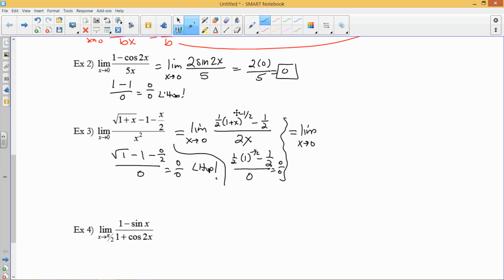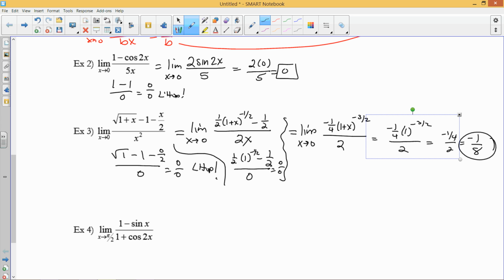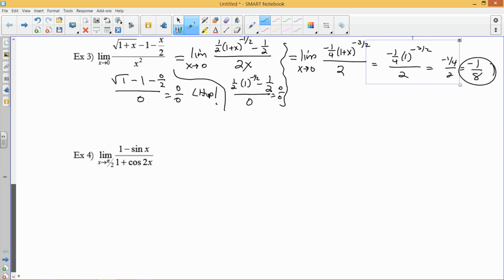The derivative of the top is going to be, let's see, negative 1/4, 1 plus x to the negative 3 halves over 2. Now I'm going to plug 0 in again, which is going to give me negative 1/4 times 1 to the negative 3 halves over 2, which is negative 1/4 over 2, which is negative 1/8. And there's your limit.